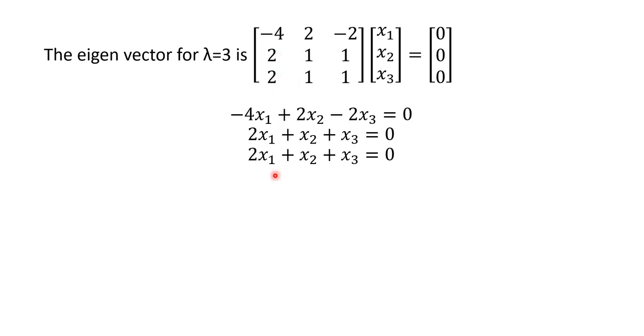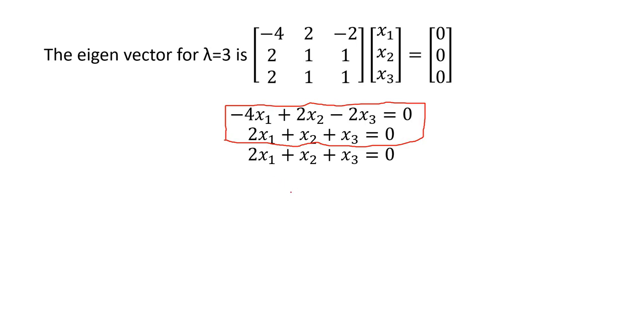So for finding the values of x1, x2 and x3, we exclude the last equation. That is, we take the first two equations for finding the eigenvector for lambda equal to 3. The last equation depends on the second equation.